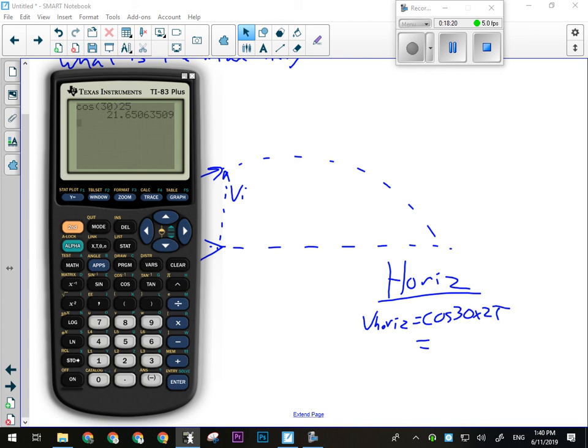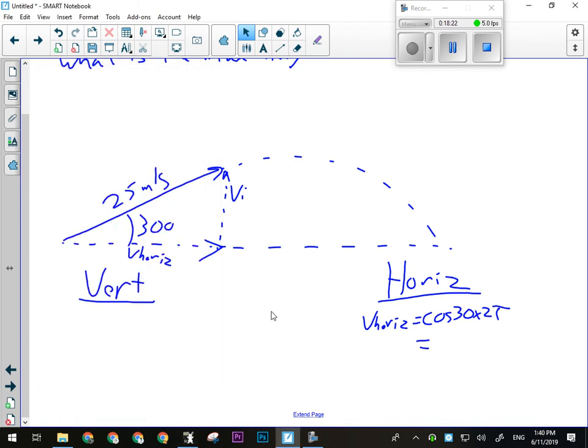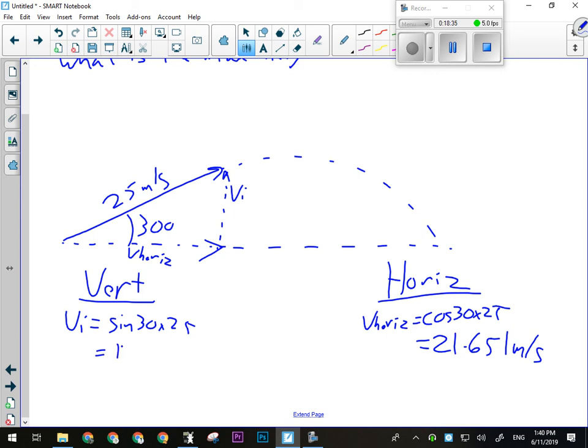So we got 21.651 meters per second. Then I do a similar thing over here. Initial velocity will be the sine of 30 times 25, which is 12.5 meters per second.